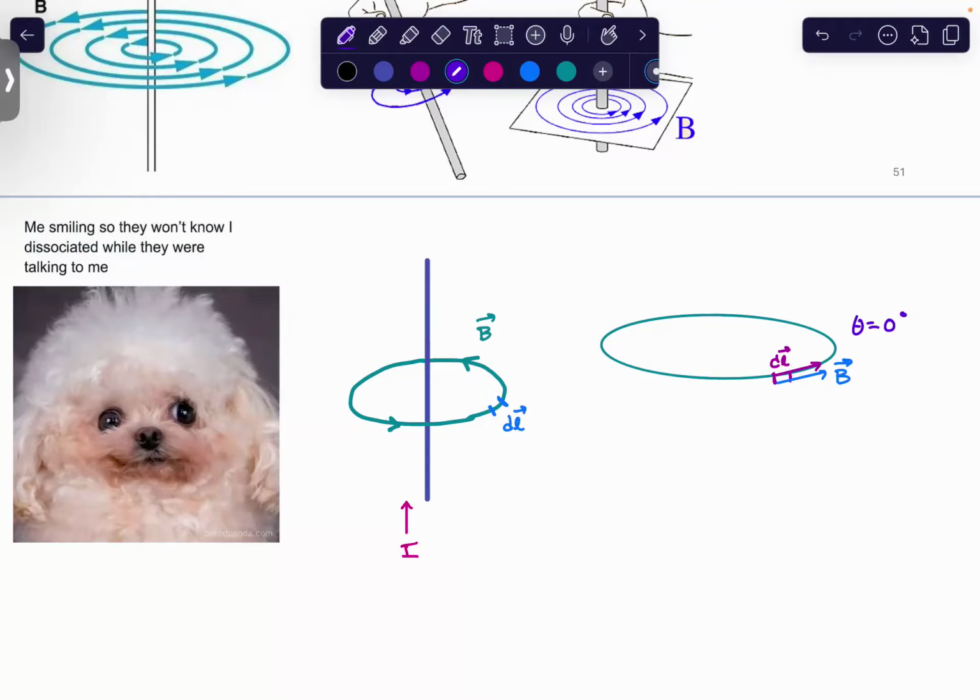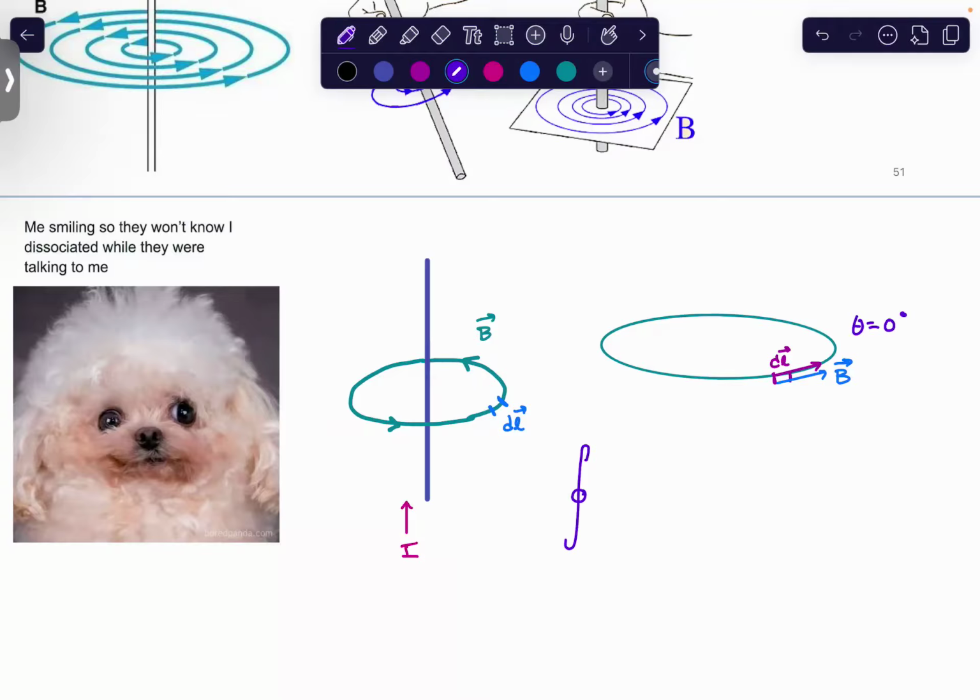So we know, and this integral with the little circle around it, that is a path or line integral. It's a closed path. That's what that indicates. So we have a closed pathway as we go around that circle.